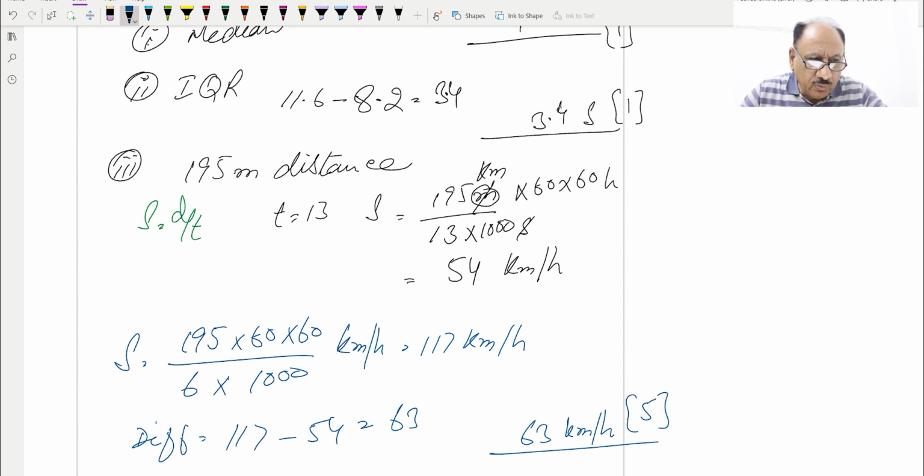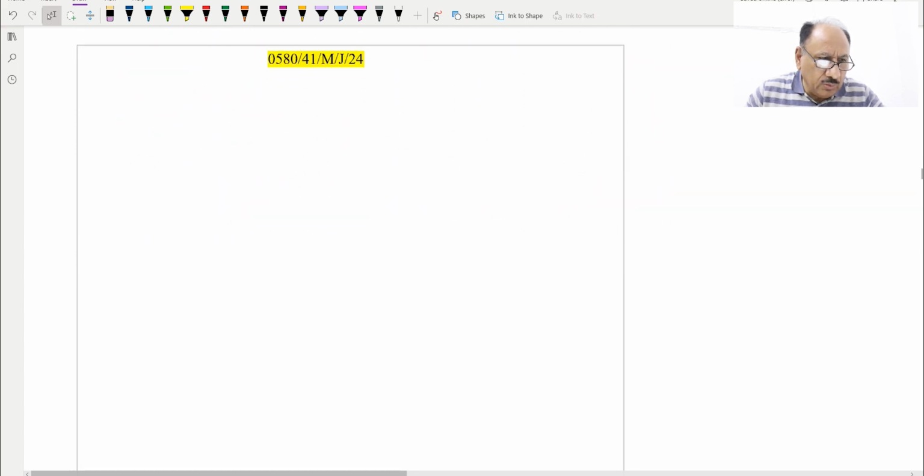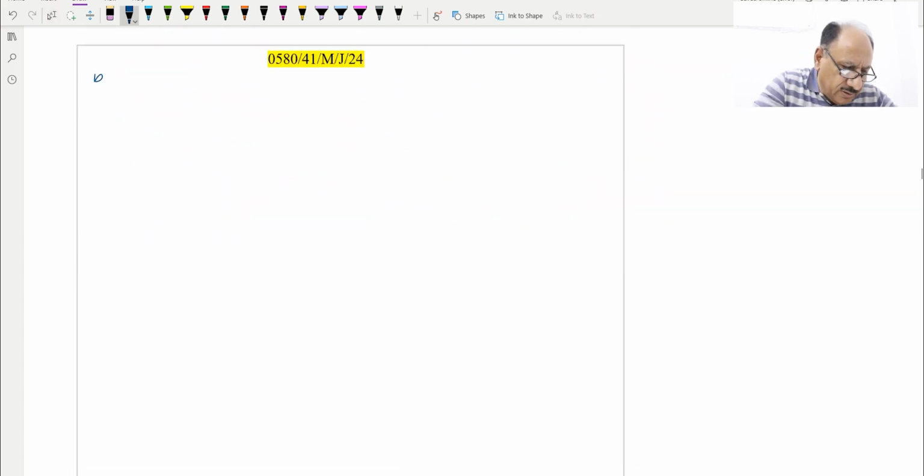Hopefully you understood this. Now we can go ahead with the next part, where a range of values is given. Let us go through this one. Part B says this is a distance frequency table.